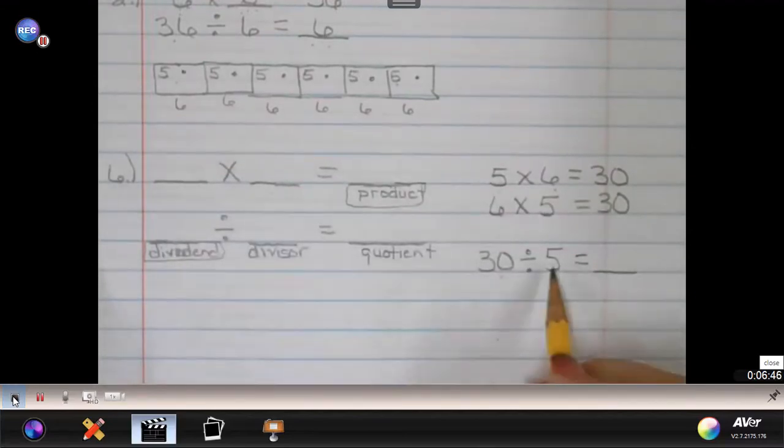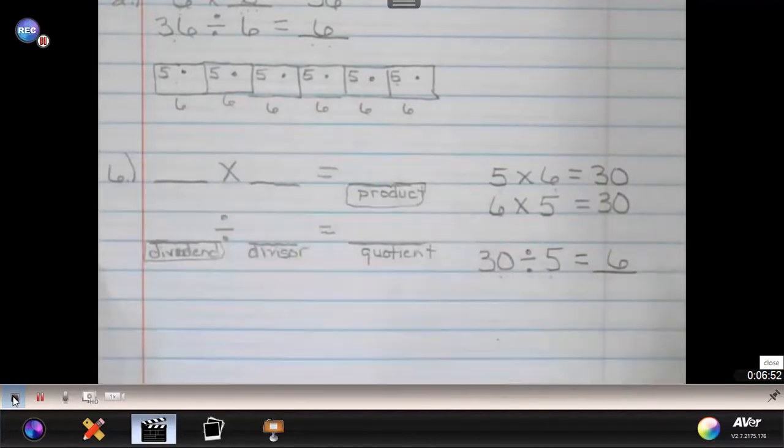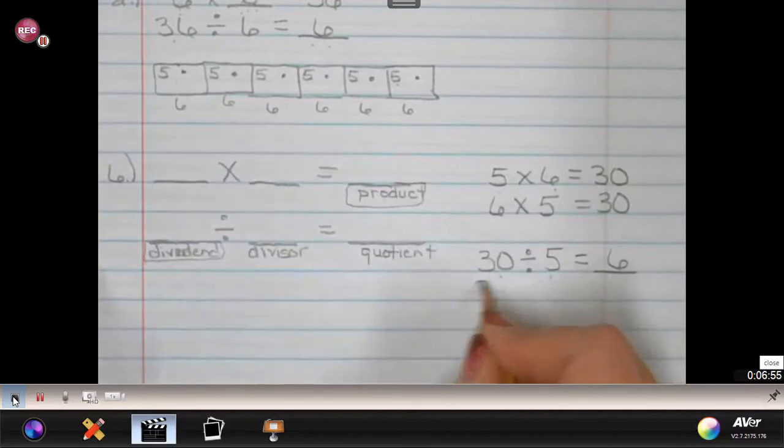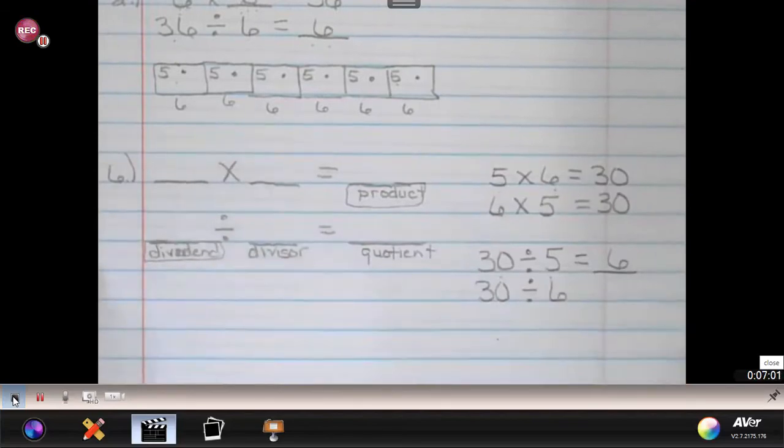Well, if I take 30 and I keep subtracting groups of 5 out, I will find that I have 6 groups. Or if I were to take 30 and use 6 and start subtracting groups of 6, I will still have 5 groups of 6.